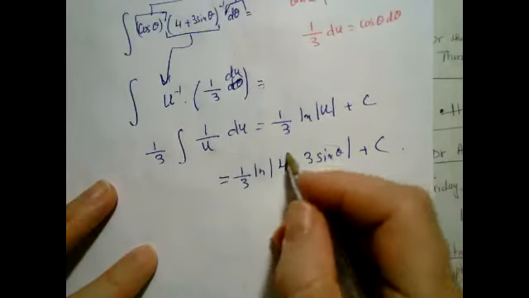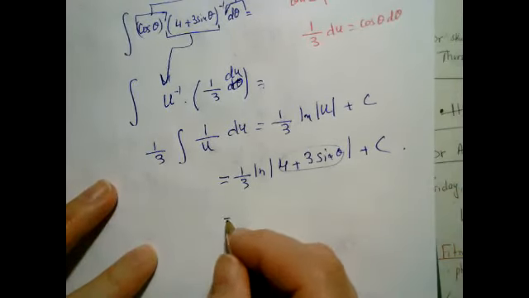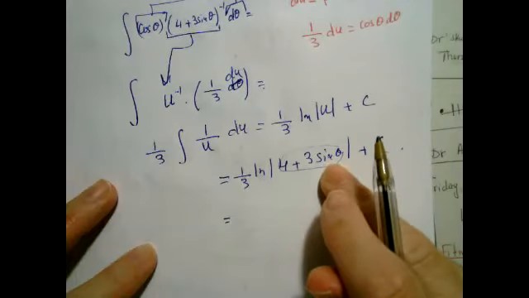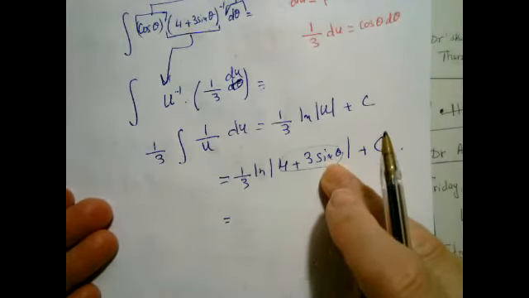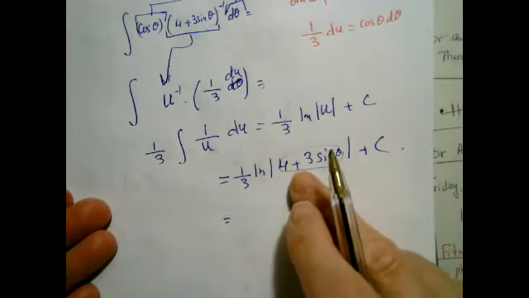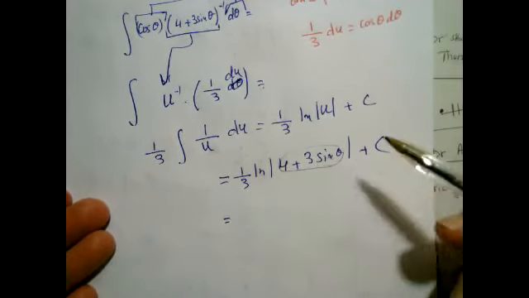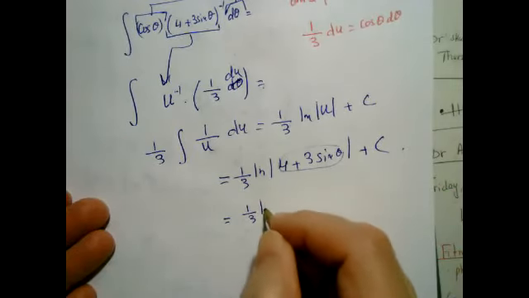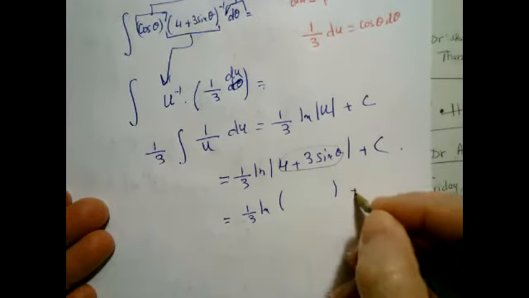Now, 4 plus 3 sine theta is always positive because the maximum value sine theta takes is 1. The minimum is -1, so you're having 4 plus at minus at most 3, which is positive. So we can actually even take the absolute value away.